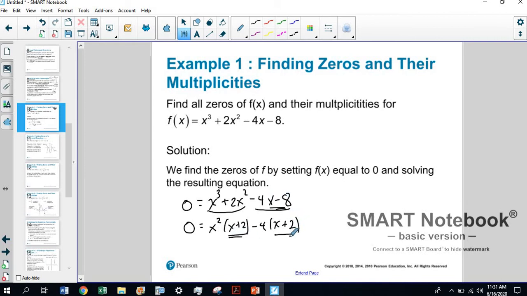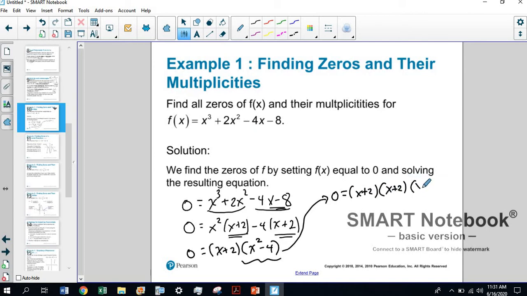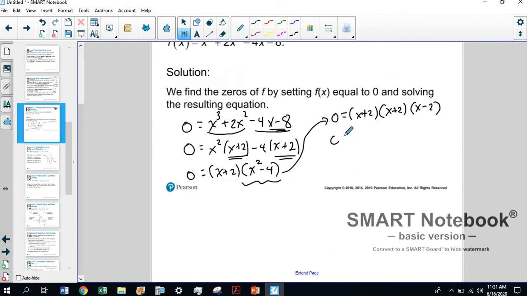And then the x plus 2 is one of your factors, and your other factor is x squared minus 4, but that's a difference of squares. So we can factor that and get x plus 2 and x minus 2, excuse me. And so that tells us we have x plus 2 squared and x minus 2.